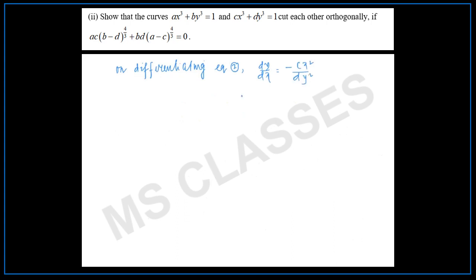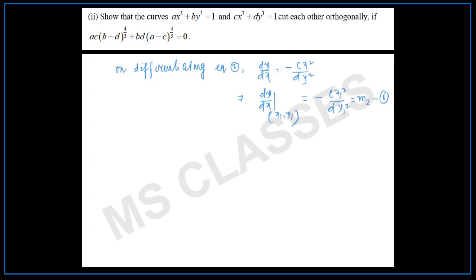Now this implies that dy/dx at (x1, y1) equal to minus c x1 square by d y1 square. We denote this by m2 and mark it as equation 6.